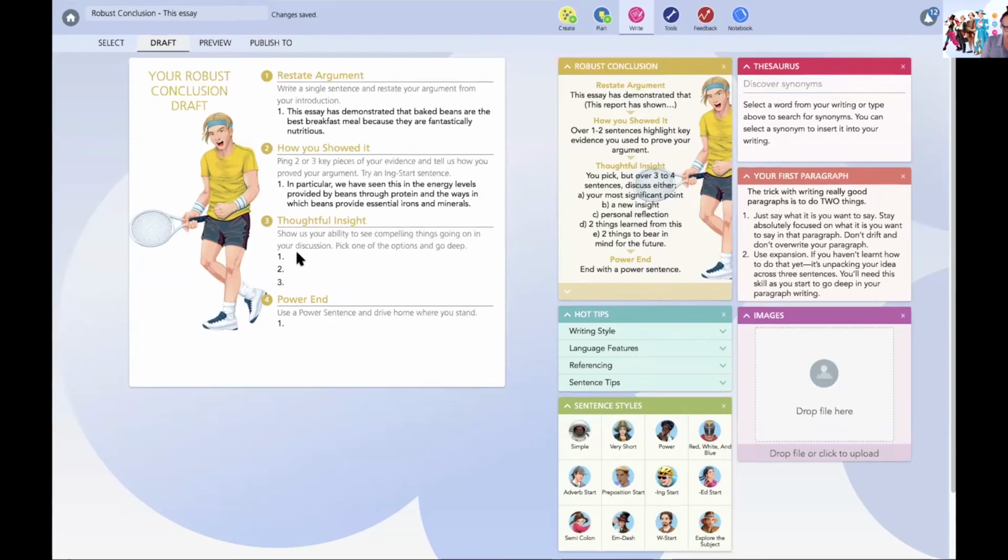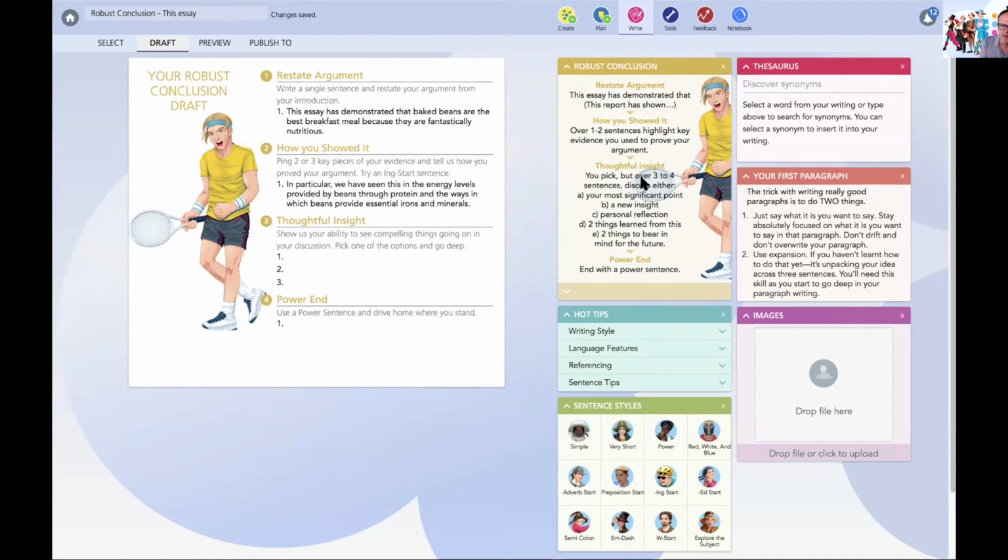Now I arrive at the bit the conclusion was designed for all along. Here's the bit where you want your students to show insightfulness and perceptiveness. If you look here across to the right-hand side at the tennis player, you'll see here thoughtful insight.